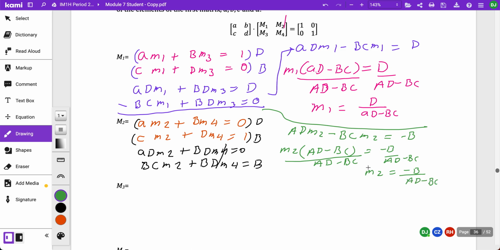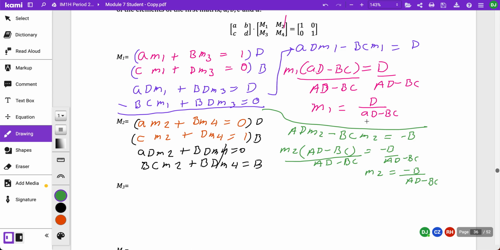Remember, guys, what we have just derived on these first two, both M1 and M2, is essentially how we get the terms for first row, first column, and first row, second column of the multiplicative inverse. So you would take a generic matrix and you would follow these steps.